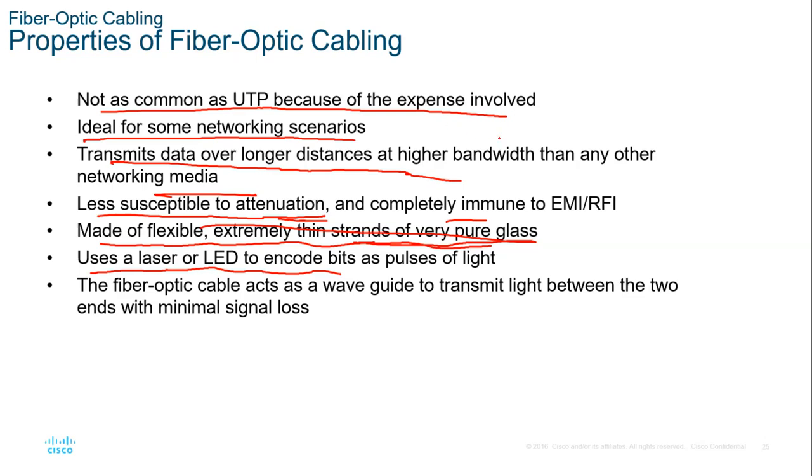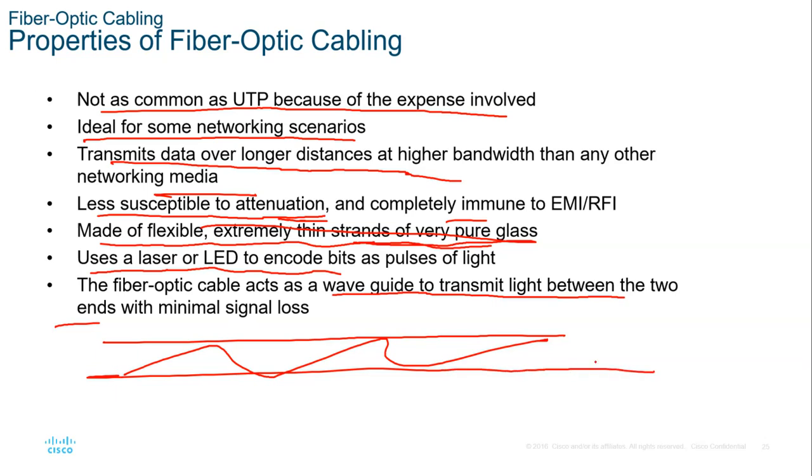So the fiber optic cable acts as a waveguide to transmit light between the two ends. With the wave, you know how it works. There is our strand, this flexible, extremely thin strand, and then the waves just keep reflecting on the sides.